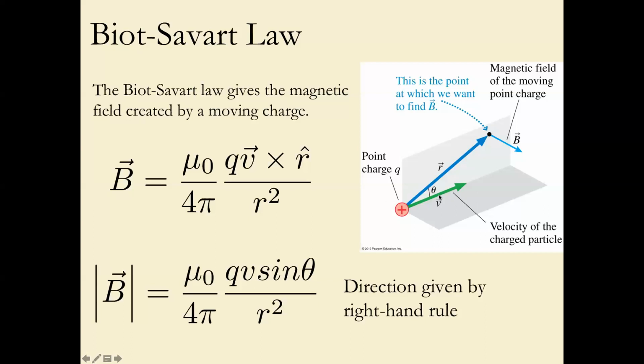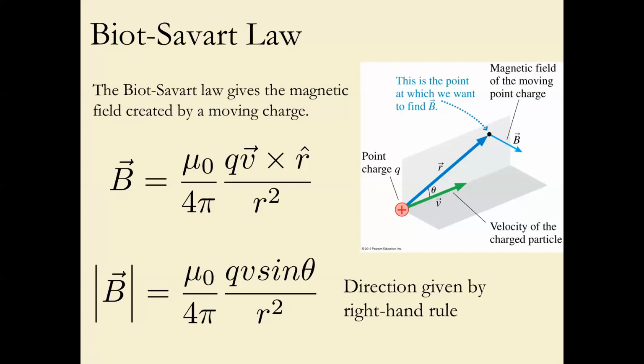The magnetic field vector will be perpendicular to R and V, and it will point in the direction in which your fingers curl. So you put your thumb in the direction of V and curl your fingers.